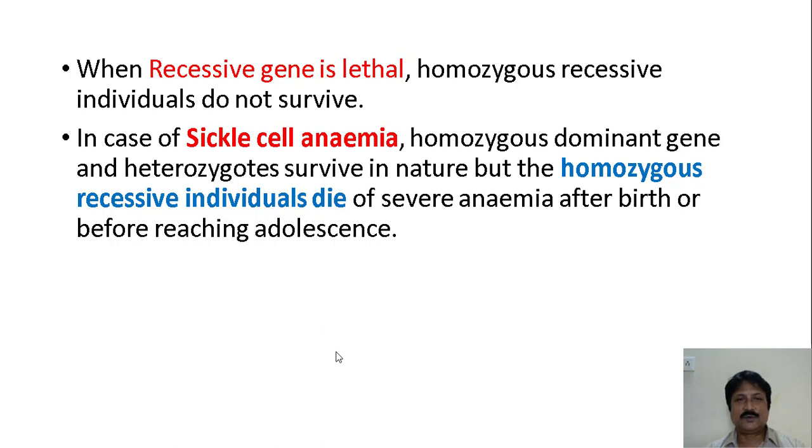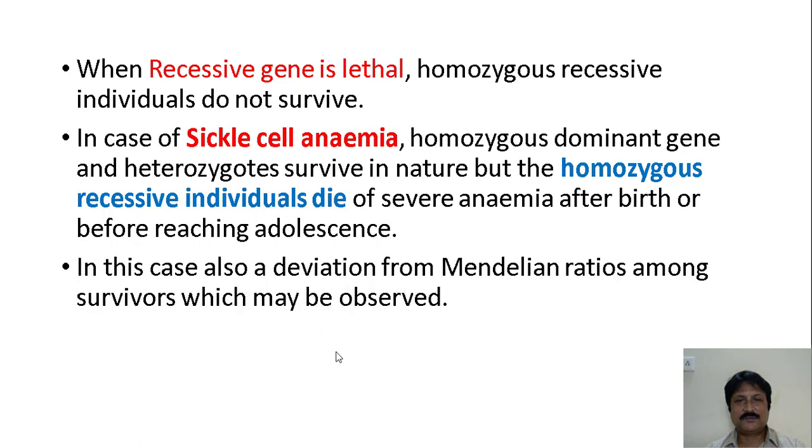But the homozygous recessive individuals die due to severe anemia after birth or before reaching adolescence. This is another deviation from Mendelian ratios because among the survivors, you don't find homozygous recessive individuals.